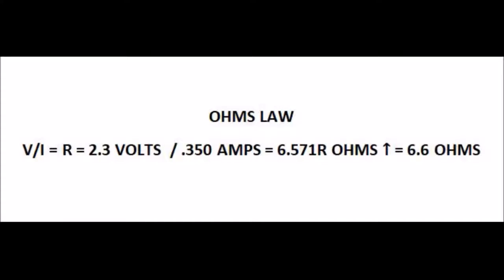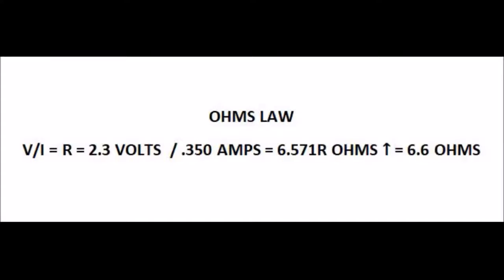Now we can get into Ohm's law because we have two factors. We have the voltage and we have the current. Right, V divided by I equals R. So 2.3 volts divided by 350 milliamps, so that's 0.350 amps, equals 6.571 ohms.